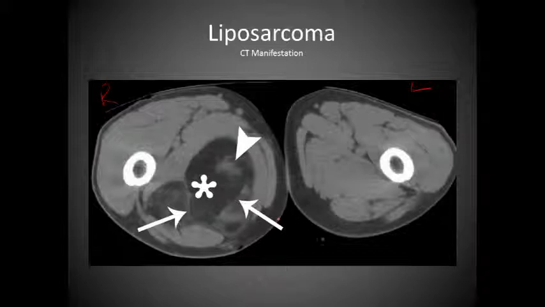And here we see what a normal tissue should look like, and here we have the liposarcoma. And notice how it has this stringy, fatty appearance with septations and other things on the inside. And so that is typical of a liposarcoma. This is a classic presentation.